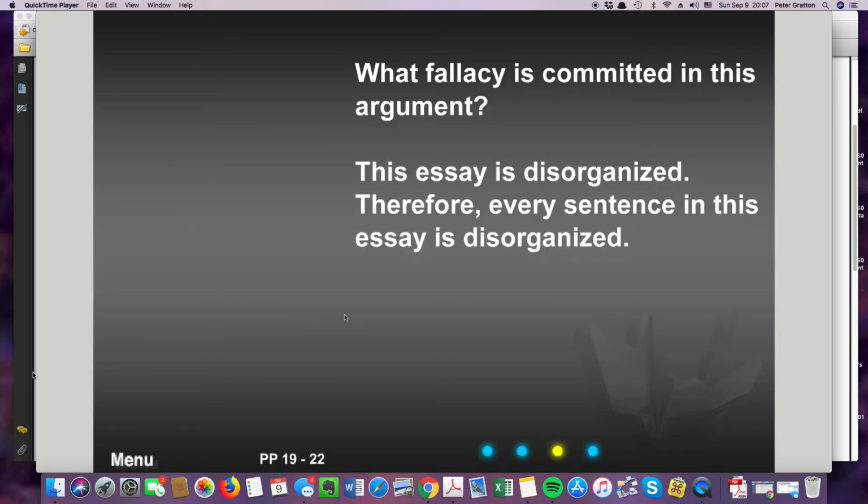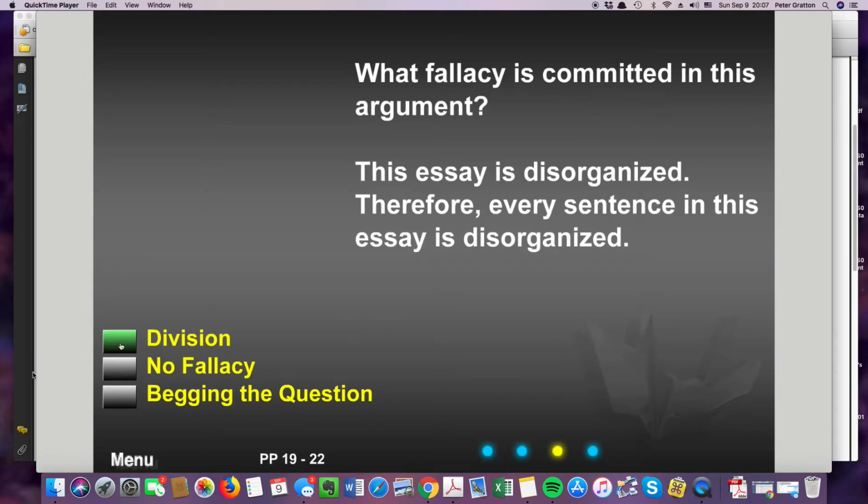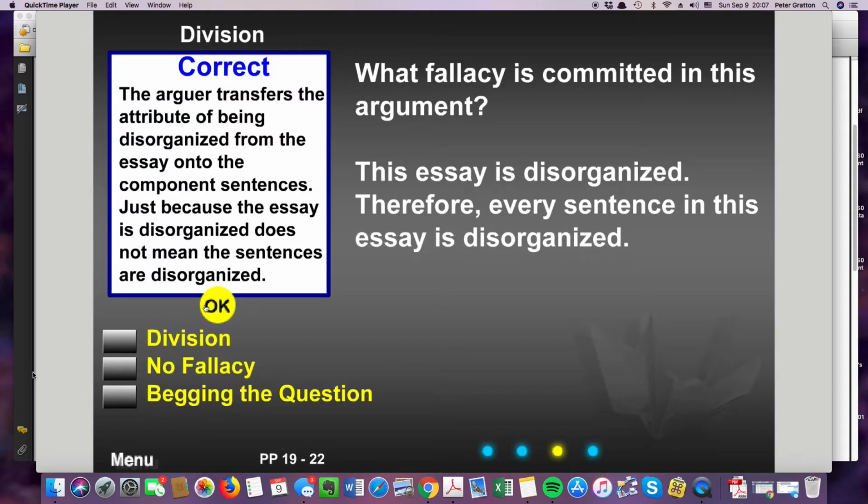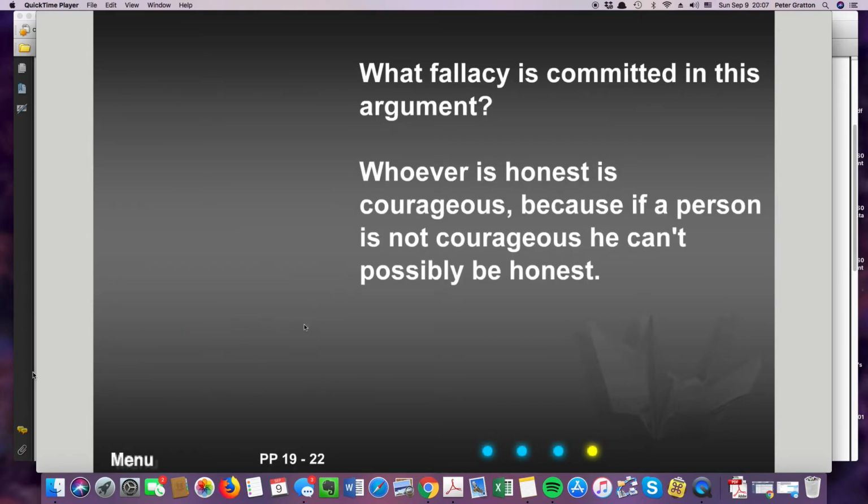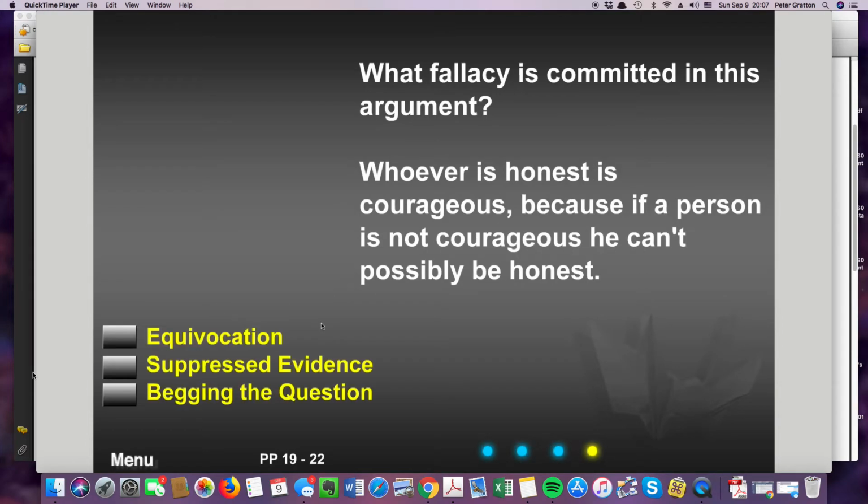Then there's the fallacy of division: just because an essay is disorganized does not mean that every sentence is disorganized. So you don't transfer this disorganization onto every part. It's not possible there. Whoever is honest is courageous, because if a person is not courageous, he can't possibly be honest.